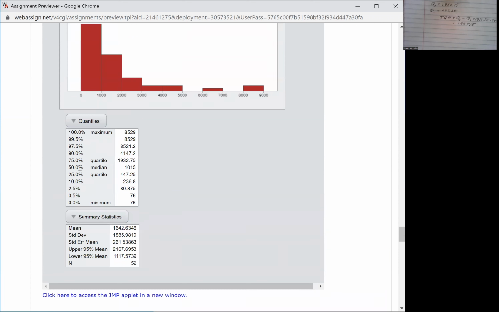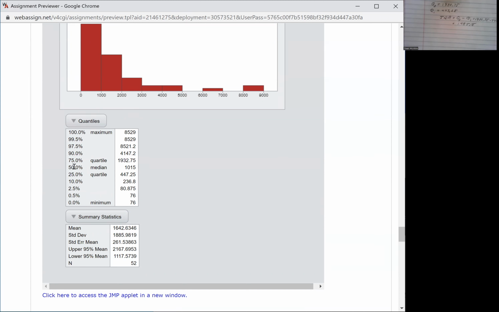the upper quartile is 75%. That means there's 75% of the raw data items below the quartile and 25% above. And the lower quartile, there's 25% below and 75% above.